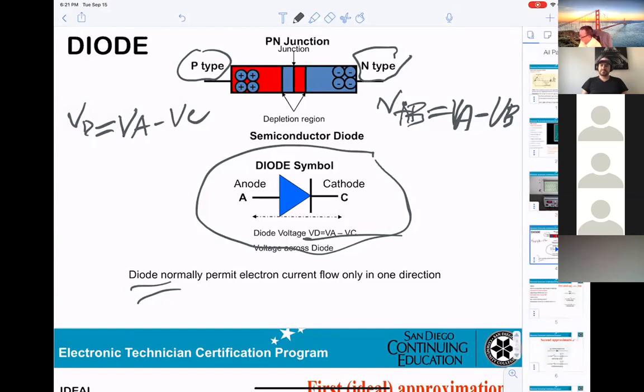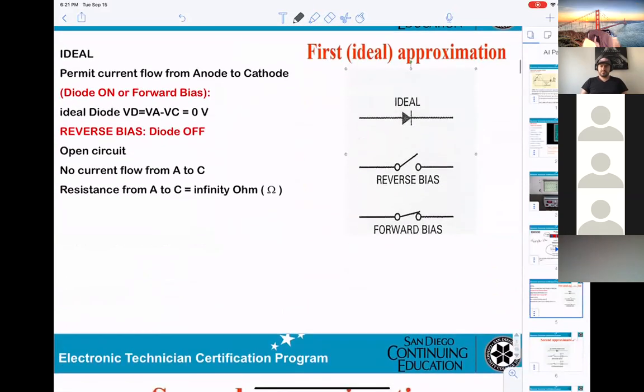And the voltage across the diode, VD, equals V anode minus V cathode. Okay? Now, first approximation. They're talking about ideal. Ideal diode means VD equals 0 volt. Okay? Remember that. Ideal means VD is 0.